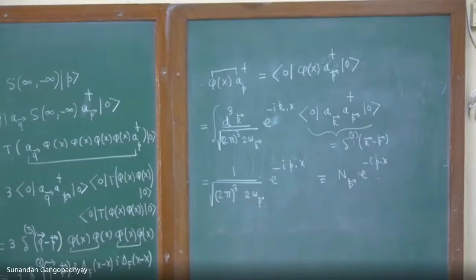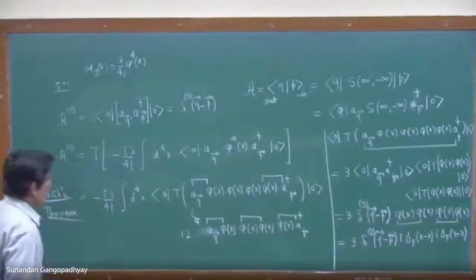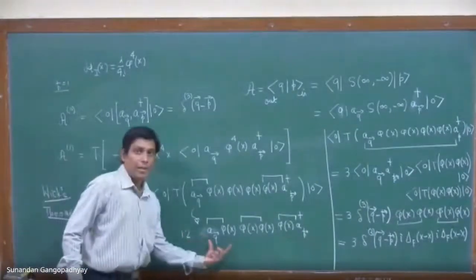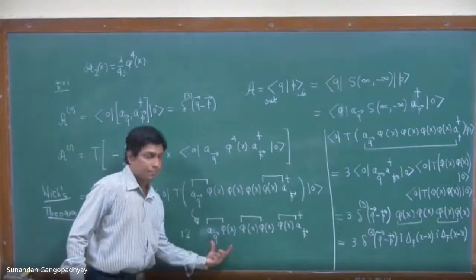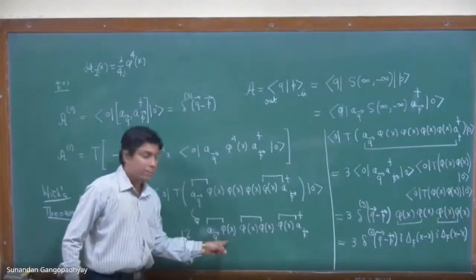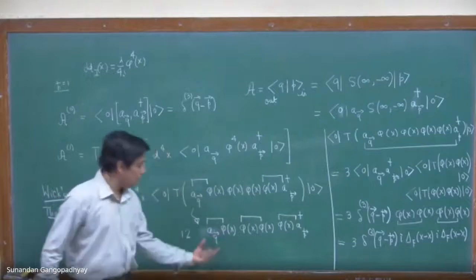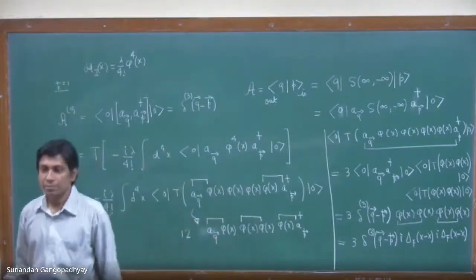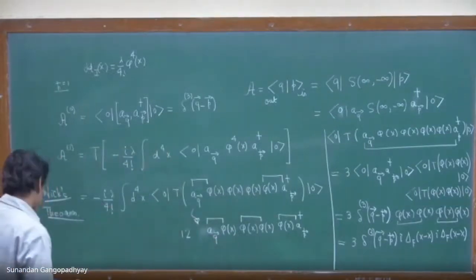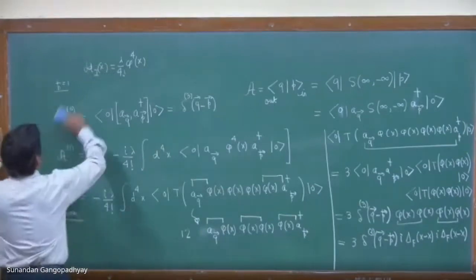And similarly, I leave it as an exercise for you to do at home to calculate this term, A Q with phi of x. Here you need to keep the a dagger term in the mode expansion. If you calculate it, you will get the following result.